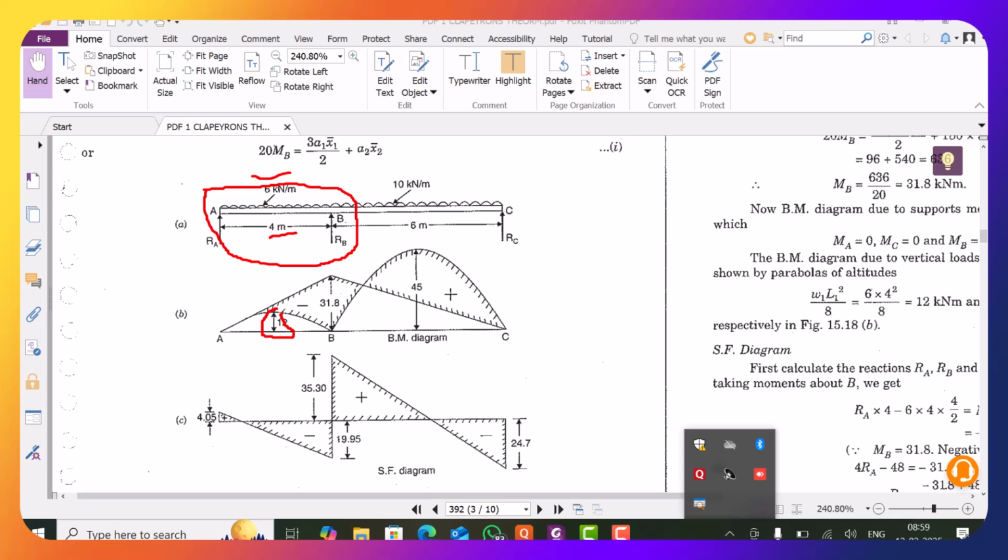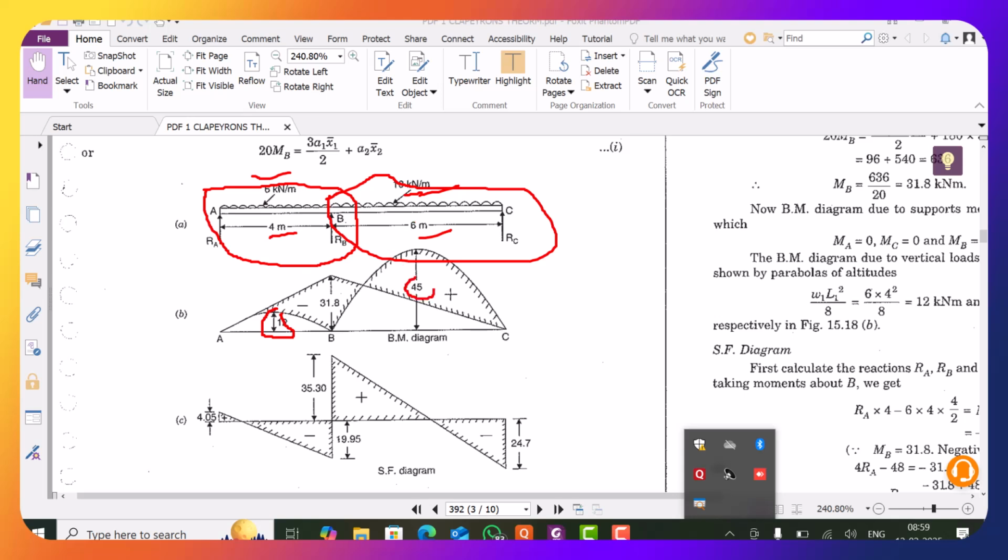The same applies to span 2, which is BC. In span 2 BC, the uniformly distributed load is 10 kilonewtons per meter. So the simply supported bending moment diagram will be WL square by 8, maximum at mid. W is 10 kilonewtons per meter multiplied by 6 square, that is 36, divided by 8.